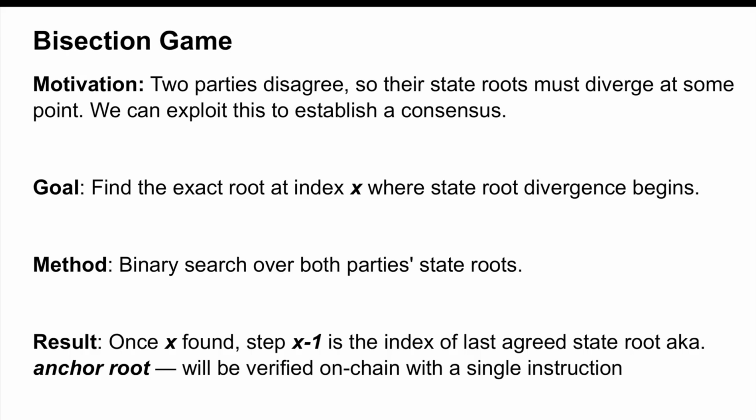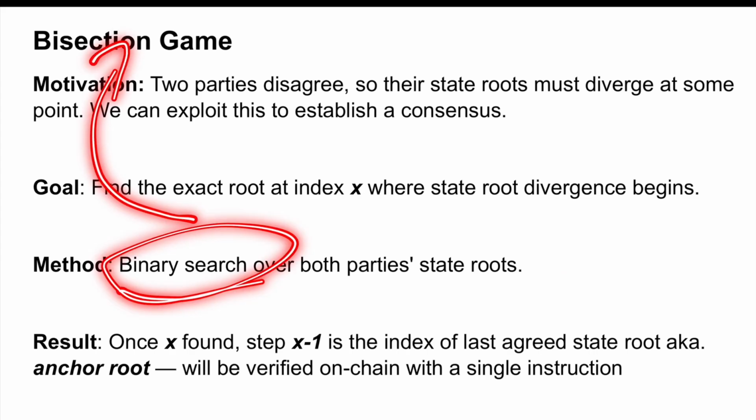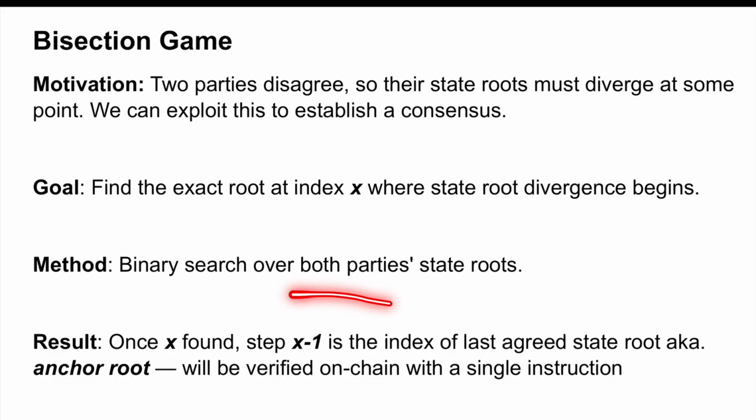The goal of this bisection game is to find the exact root at index x where the state root divergence begins. The method is the bisection game, a binary search, which is why it's called the bisection game, over both parties' state roots, the 32-byte hashes.